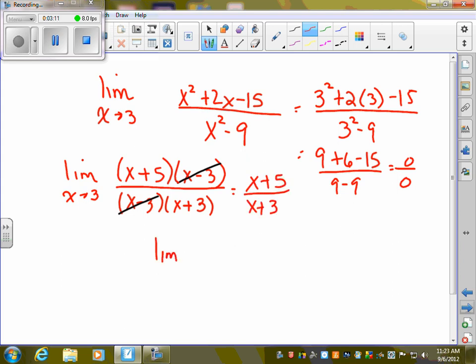Now let's do the limit of what we had once we canceled. Put 3 in. We're going to get 3 plus 5 over 3 plus 3, which is 8/6, which would then simplify down to 4/3. So we would say our limit would be 4/3.